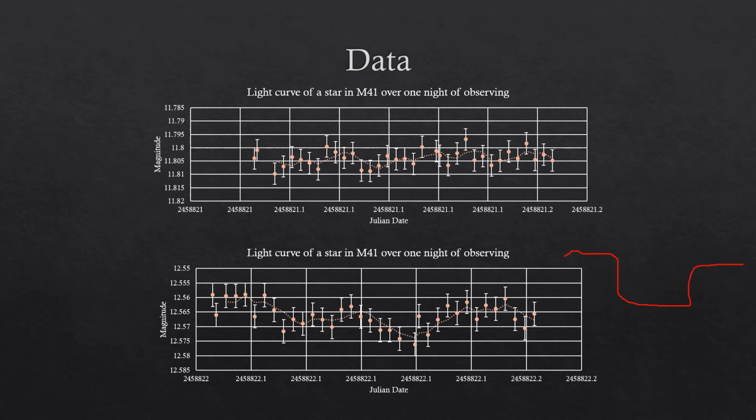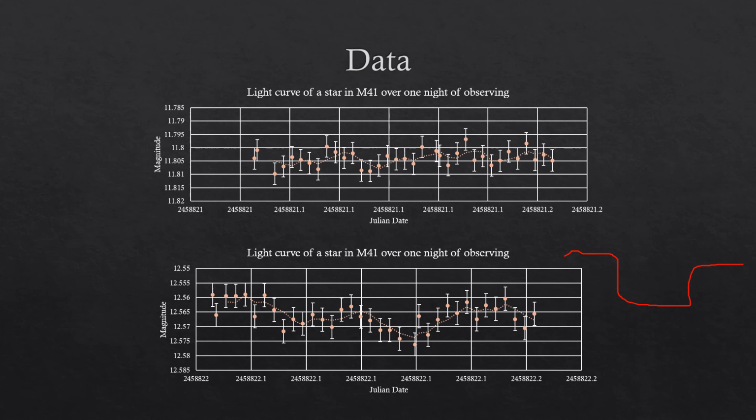Unfortunately, that's not the shape we see here. So we didn't detect a transit in this particular case. And so far, we have yet to detect any transits, unfortunately. But we haven't given up, and we have some ideas of how we can tease more information out of the data that we do have.